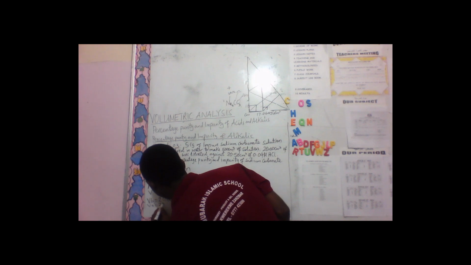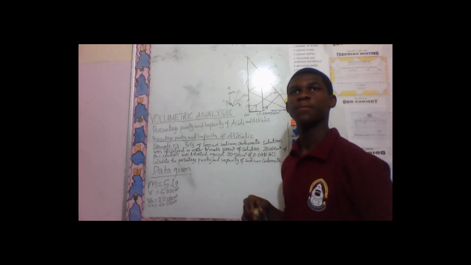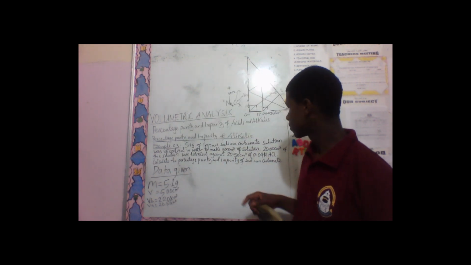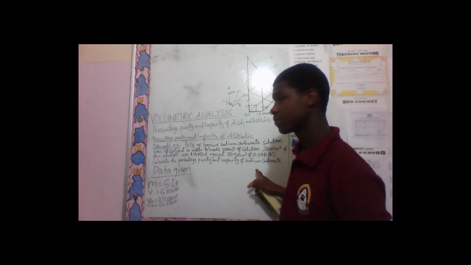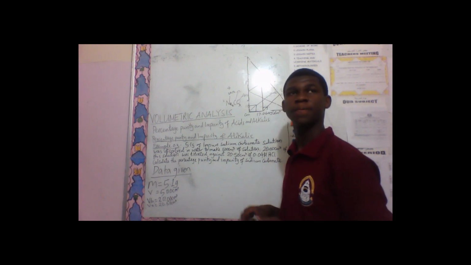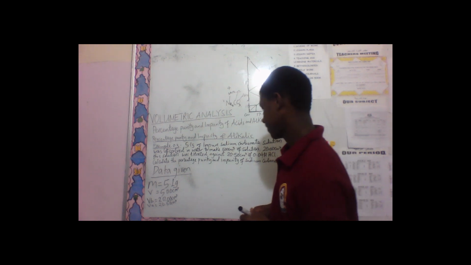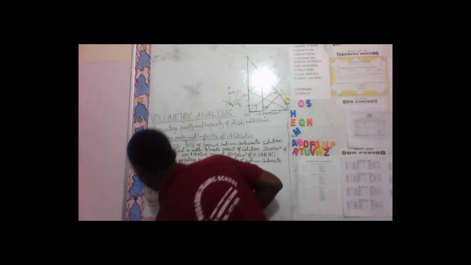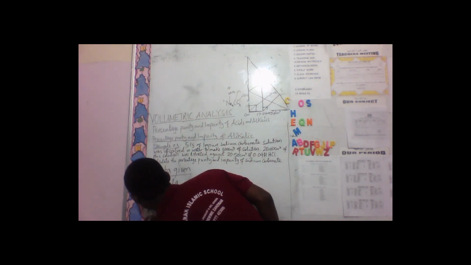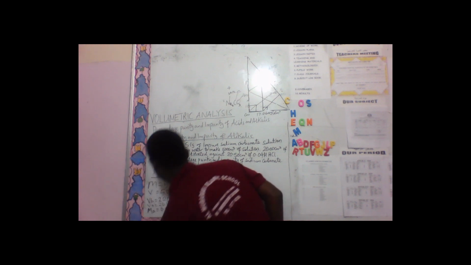And the last one is the molarity of acid, which is 0.04 moles of hydrochloric acid.